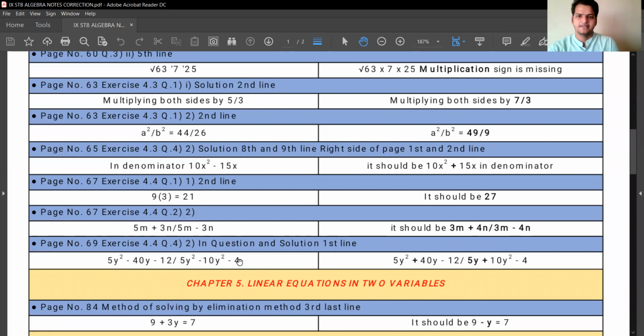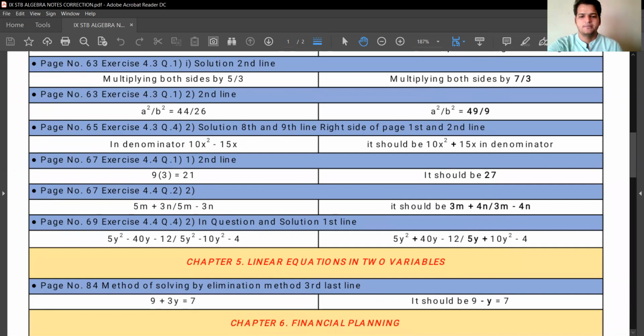You have to correct this ratio as 5y square plus 40y minus 12 whole divided by 5y. Repeat, it is 5y plus 10y square minus 4. So these are all the corrections of your chapter number 4, which is ratio and proportion.